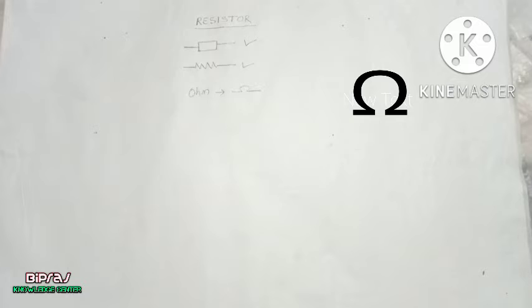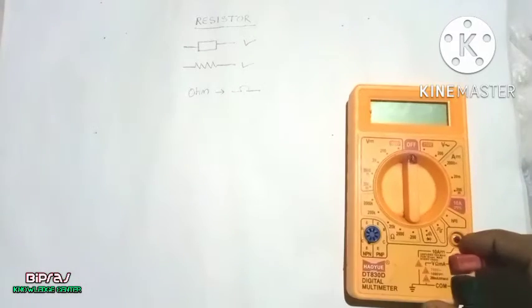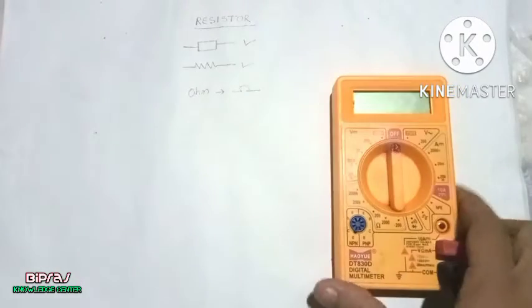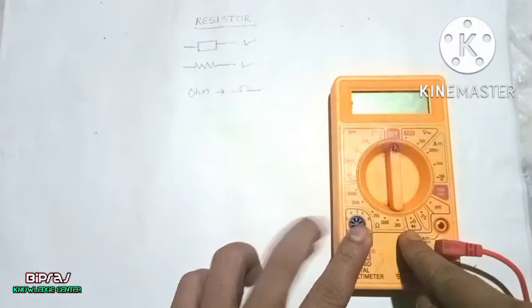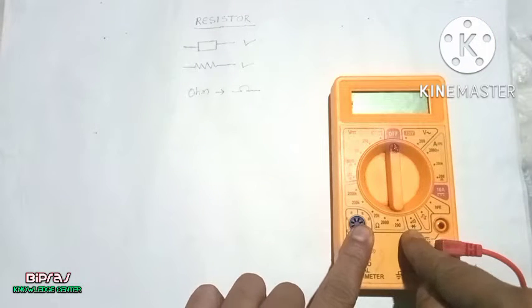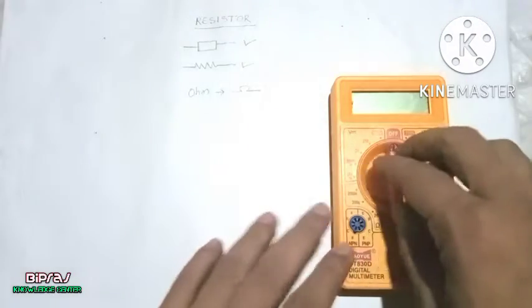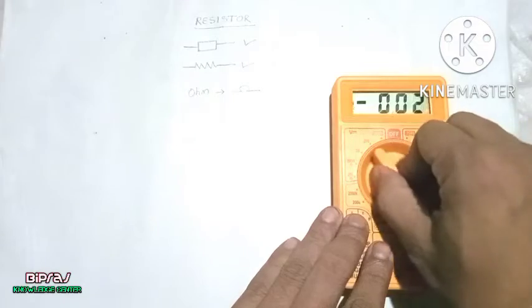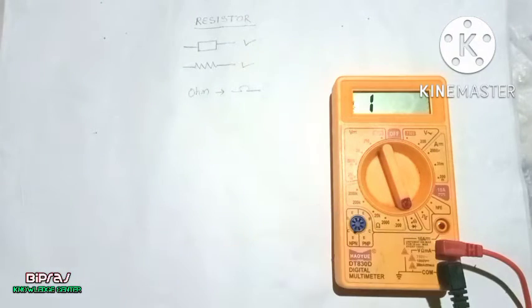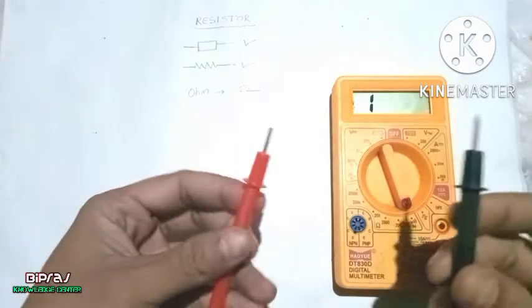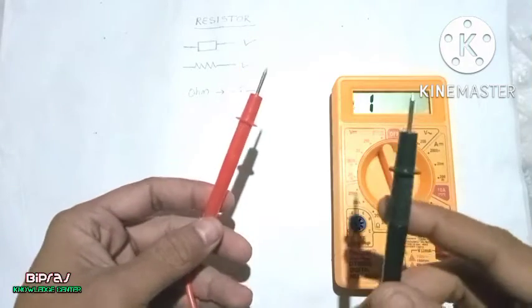Now before I show you an actual resistor, I want you to know about a multimeter in continuity or buzzer mode. Now here is a multimeter. You can see this is the buzzer mode or continuity mode. How it works: when you select the continuity or buzzer mode, there are two probes, positive and negative.